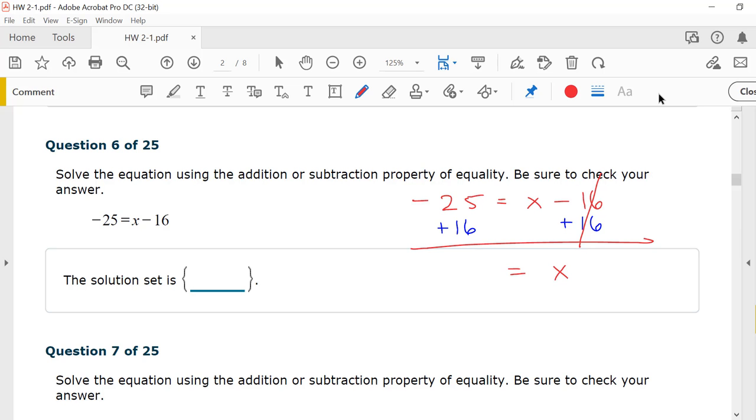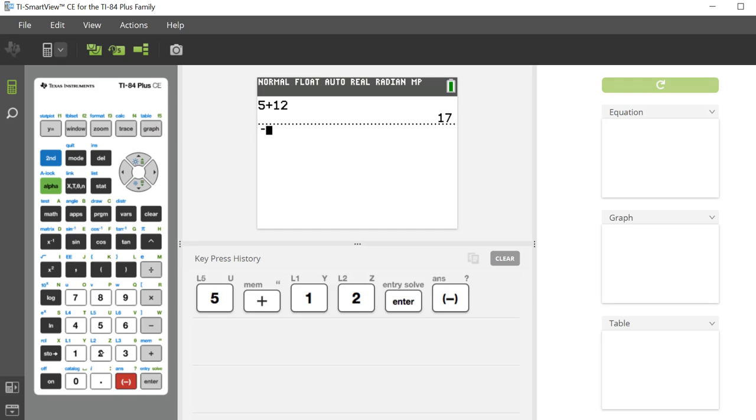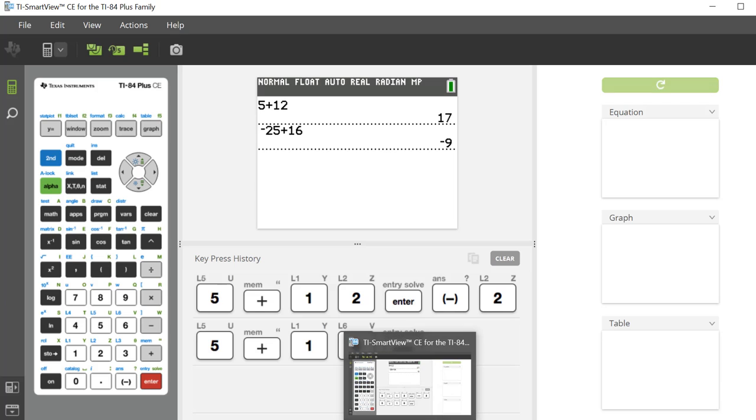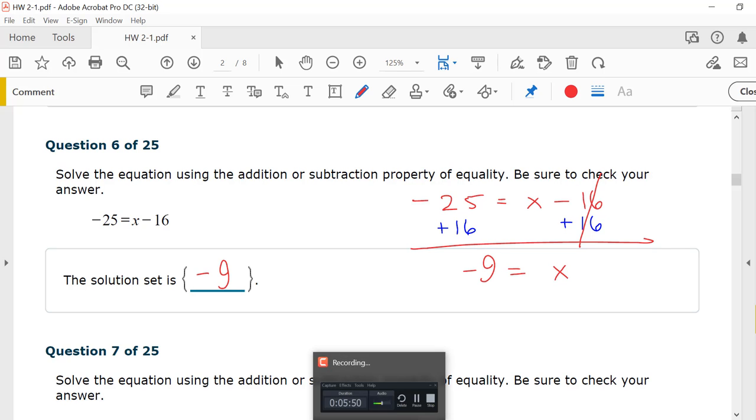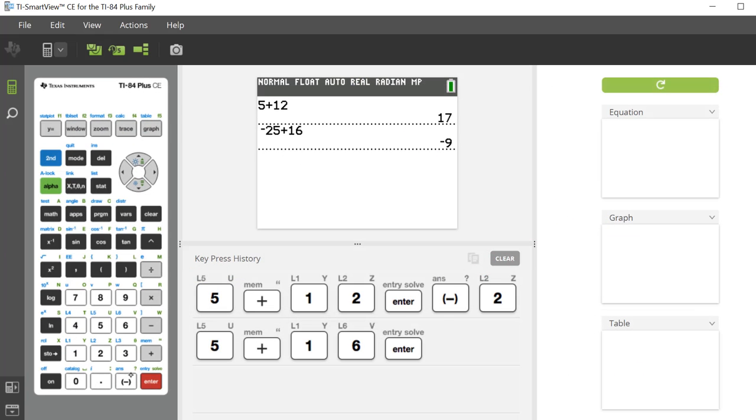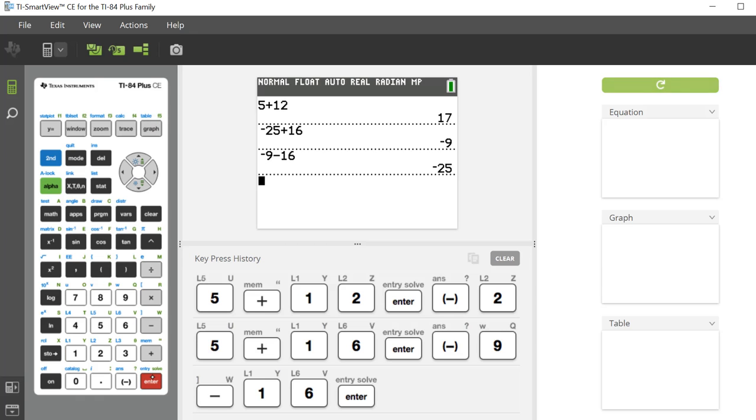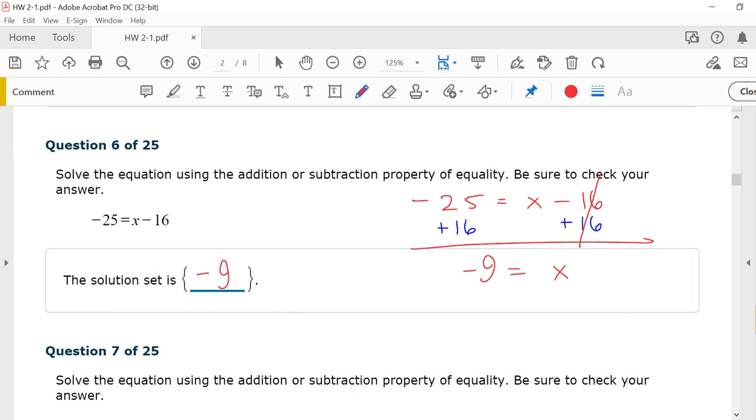On the left of the equal sign, negative 25 plus 16 is negative 9. So the solution set is negative 9. If I plug negative 9 in for x, what is negative 9 minus 16? Negative 9 minus 16 is negative 25. That's what I was supposed to get.